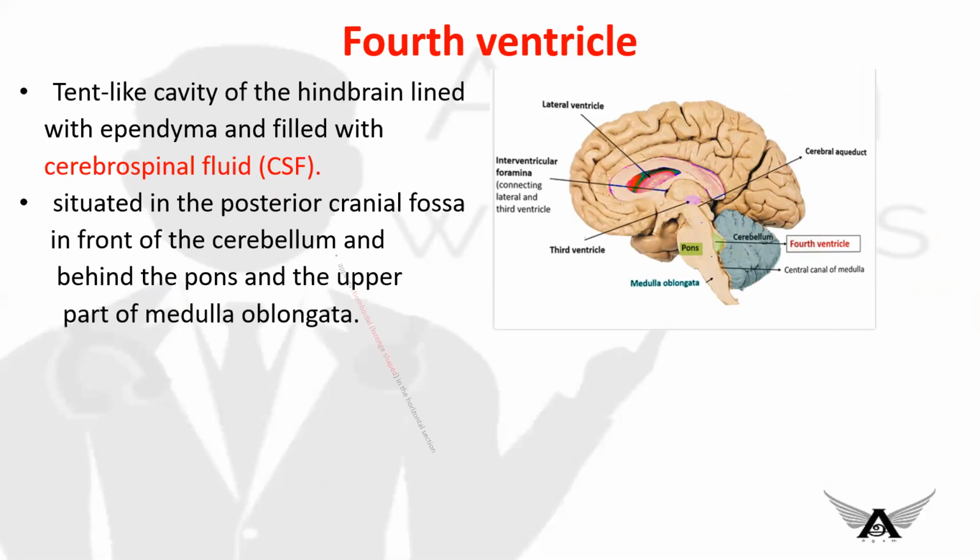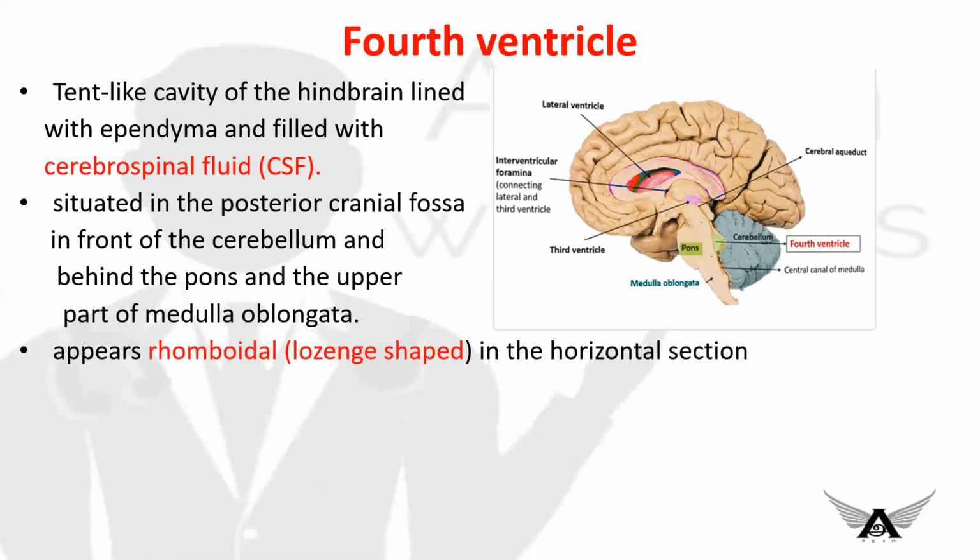See, this is the fourth ventricle. I'll show you. The fourth ventricle is located in the hindbrain. It is a tent-like cavity of the hindbrain, lined by the columnar ependymal cells and filled with CSF, just like the other ventricles. It is situated in the posterior cranial fossa.